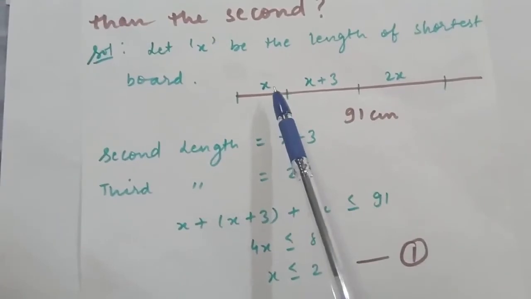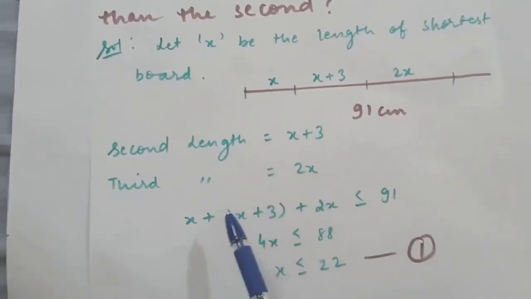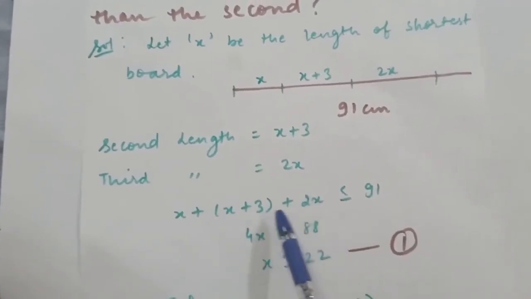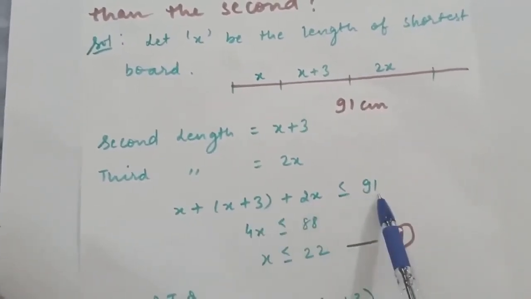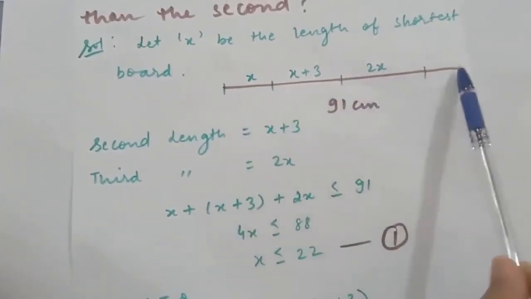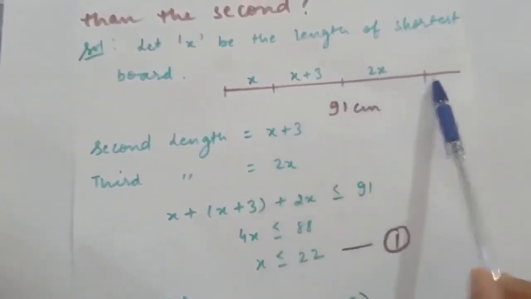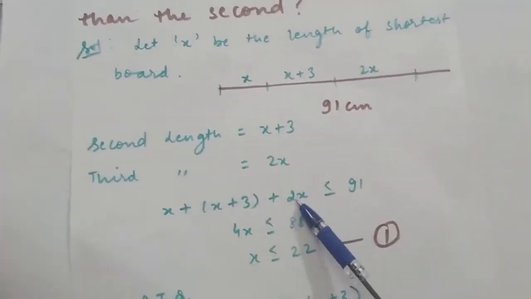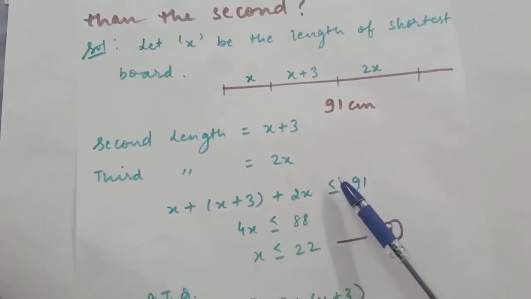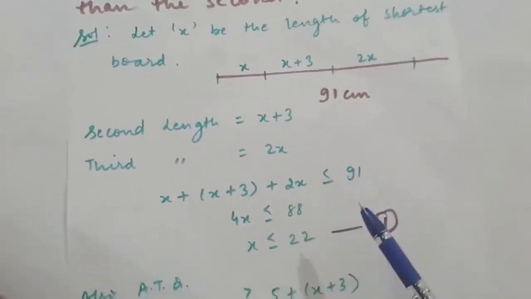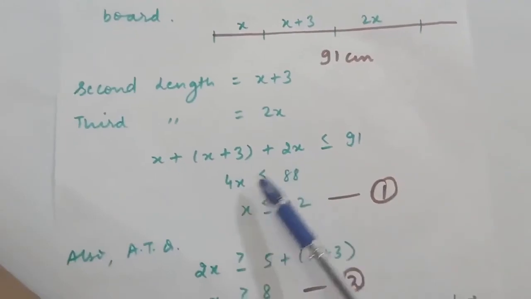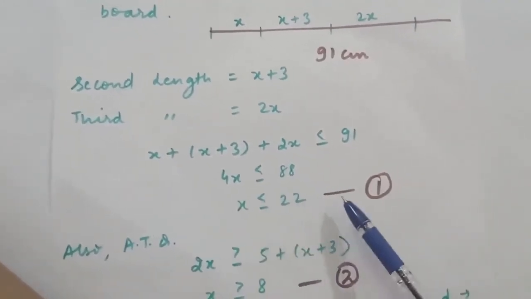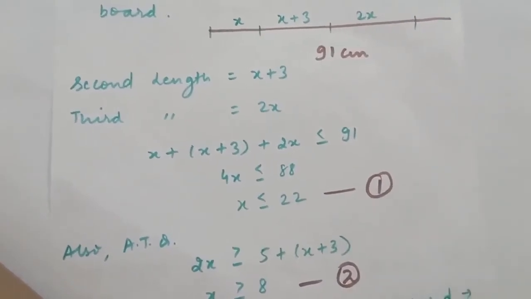So by adding all of these lengths, the shortest, second and third, either the total is equal to 91, that is the man can use the complete board, or he can use less than the complete board. So the length of these 3 pieces is either equal to 91 or less than 91. So when you solve it, you will get 4x less than or equal to 88 and x less than or equal to 22. Let this be equation 1.